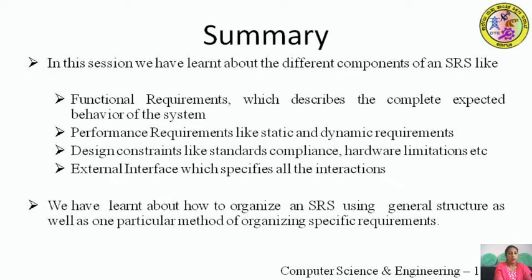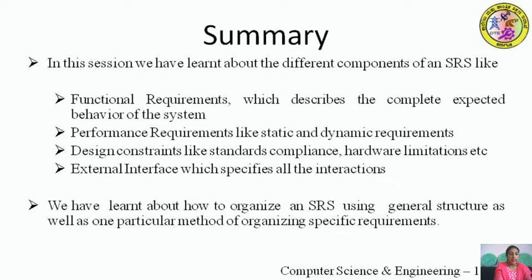So the conclusion we draw from this session is that a good SRS must specify all the functional requirements, performance requirements, design constraints, and external interfaces. Functional requirements describe what the software system must do and how it must function. Whereas performance requirements describe all the static requirements and dynamic requirements.